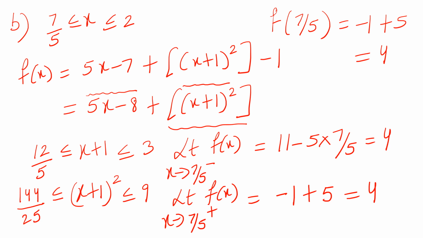Now, if I discuss the entire closed interval [5/4, 2], then the absolute minimum value of this function will occur at x = 7/5, which is nothing but equal to 4. And its absolute maximum value will either occur at x = 5/4 or at x = 2. Now for that purpose, we will have to find the values of the function f(x) at both of these endpoints, right? Now let's move further.